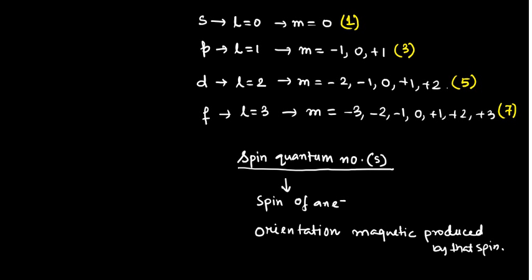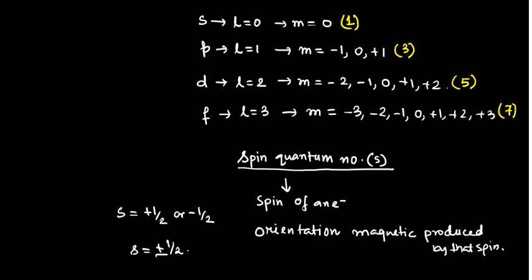Now, for every set of n, l and m values, s can have certain values. Which are the possible values of s? It can either be plus half or minus half. So s can be plus or minus half, nothing else.